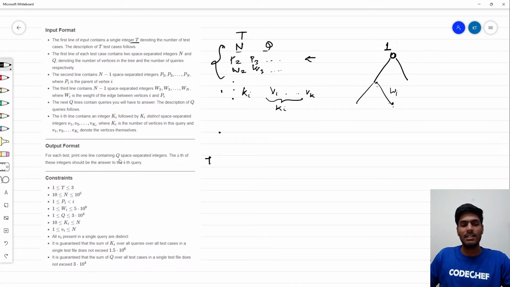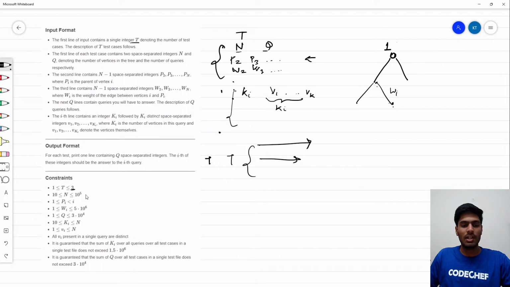For each test, we have to print one line containing q space separated integers. The ith of these integers should be the answer to the ith query. So all of these queries for one test case will be answered in a single line. So we will have to output t lines. The constraint is that the test cases only go up to 3. So we don't have to see anything there.